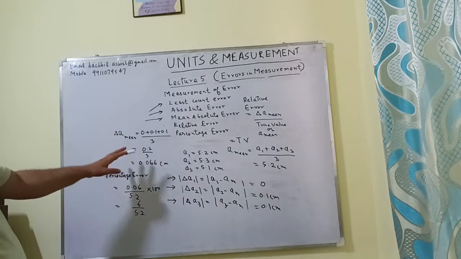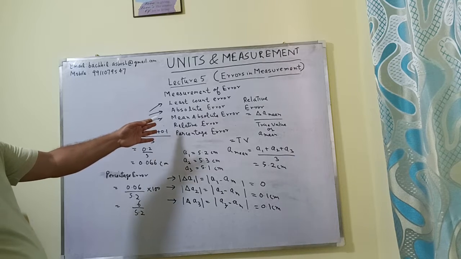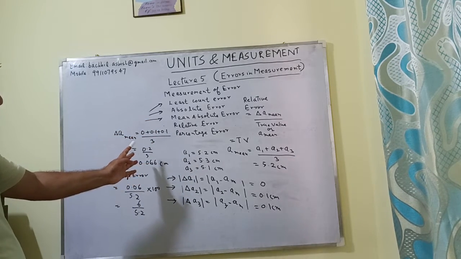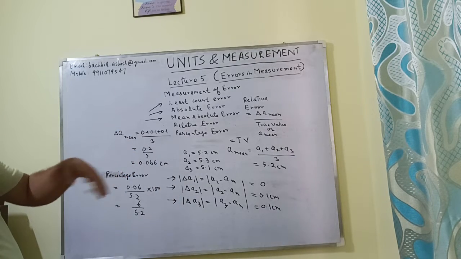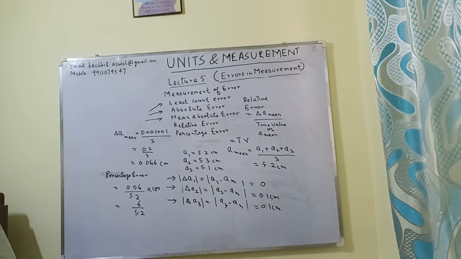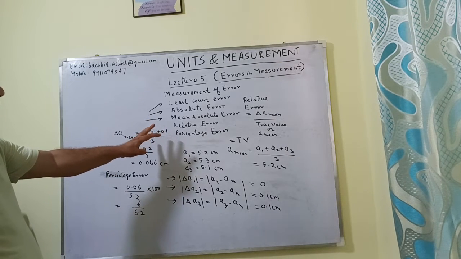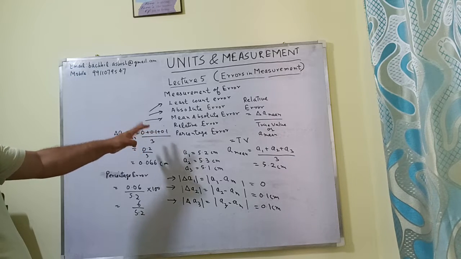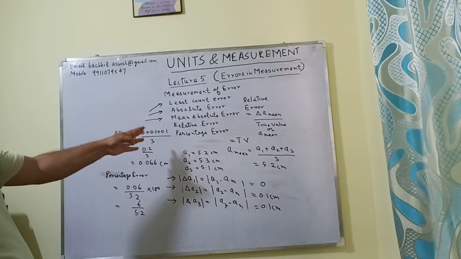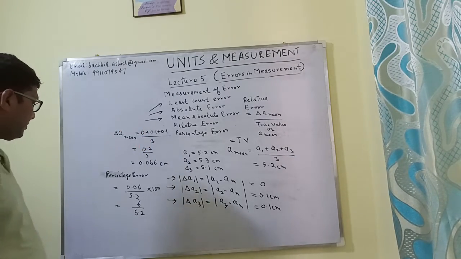So in this way we find these different types of errors, which are important from the point of view of your board examination and your NEET examination. You will definitely get a couple of questions from this topic in the board examination, and also in the NEET examination.